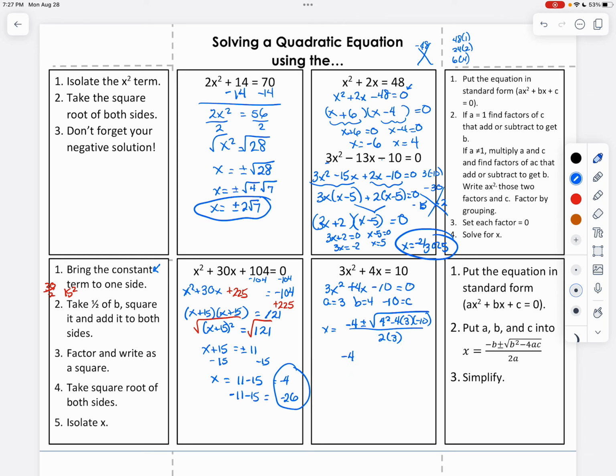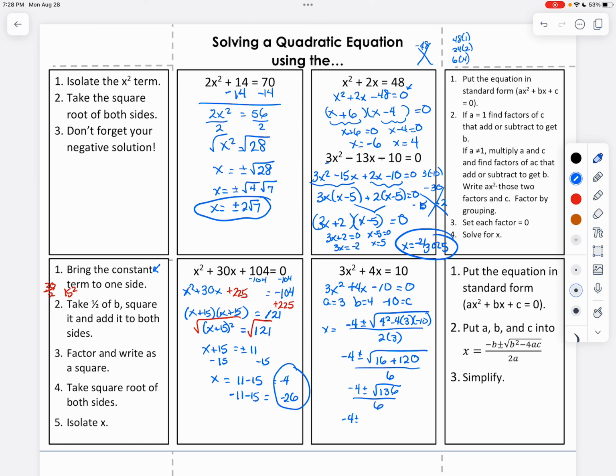So an opposite of 4, a negative 4 plus or minus the square root of 16. 4 times 3 is 12, times 10 is 120, and a negative times a negative is positive. 120 and 16 is going to get us 136. So negative 4 plus or minus the square root of 136 over 6. 136 is even, so we try dividing it by 4 to see if there's a perfect square in there, and there is.